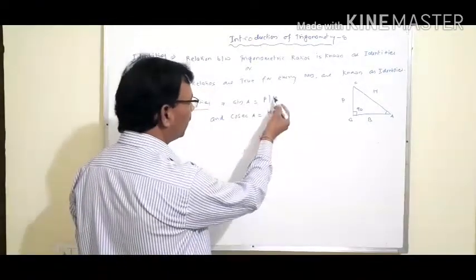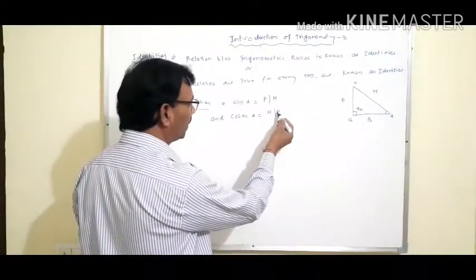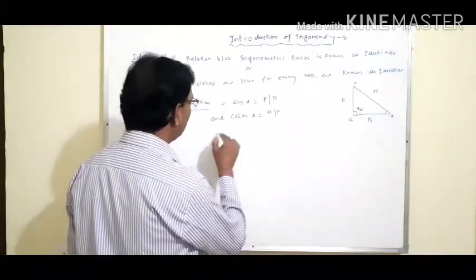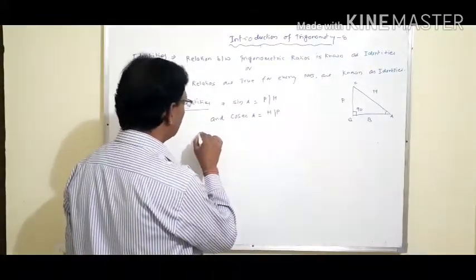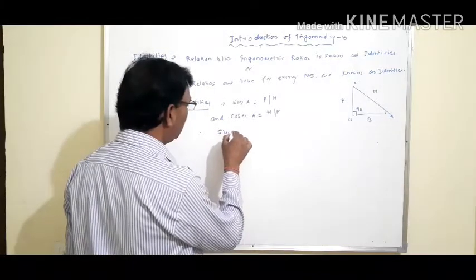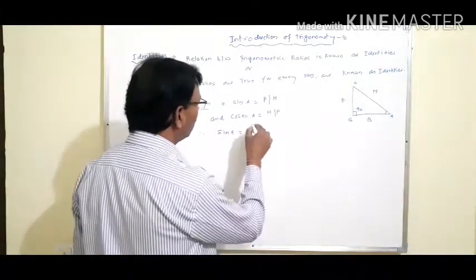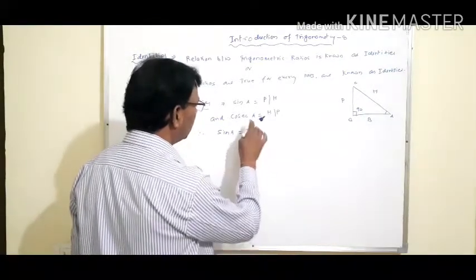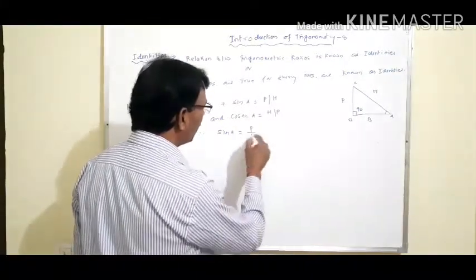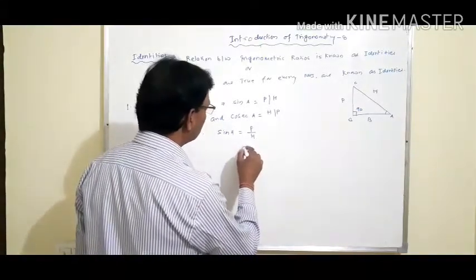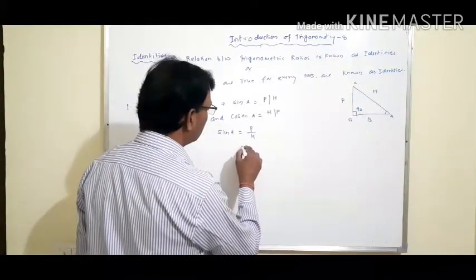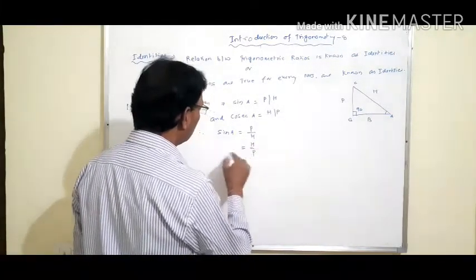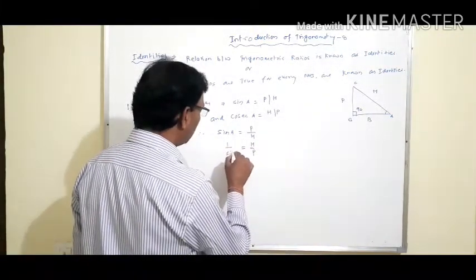That means perpendicular upon hypotenuse and hypotenuse upon perpendicular are reciprocals. Therefore sin of A equals P upon H, and H upon P equals 1 upon sin of A.